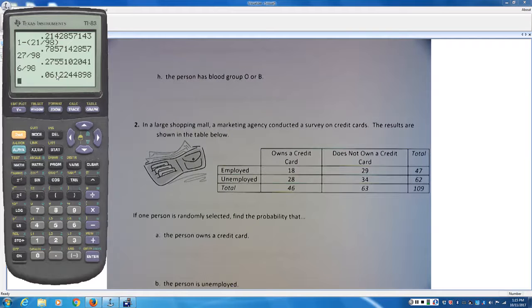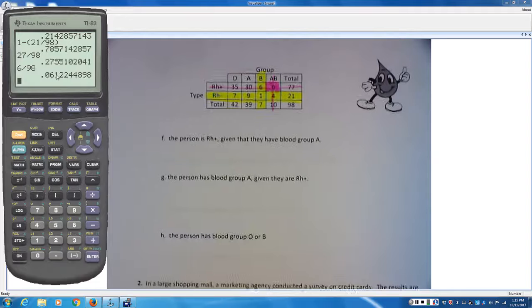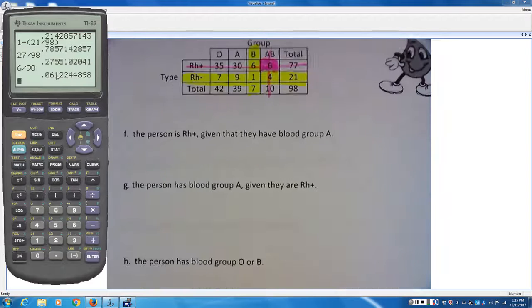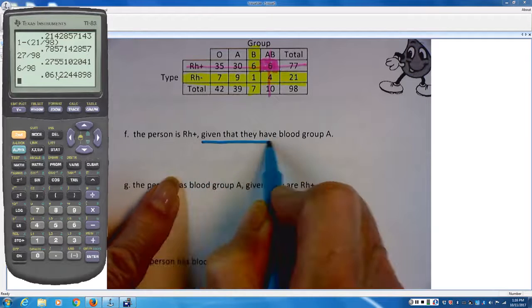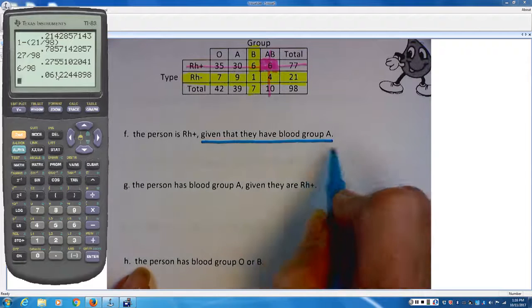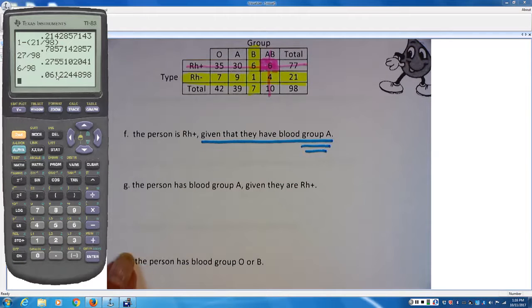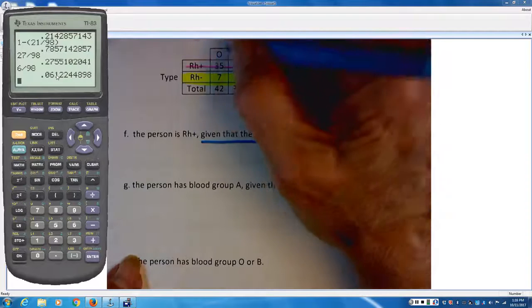Now here's another given that. There's our table again. And this one says, what is the probability that the person is Rh positive, given that they have blood group A. So we're only looking at the people who fall into blood group A. We're really not interested in anybody else except the people that fall into this group.